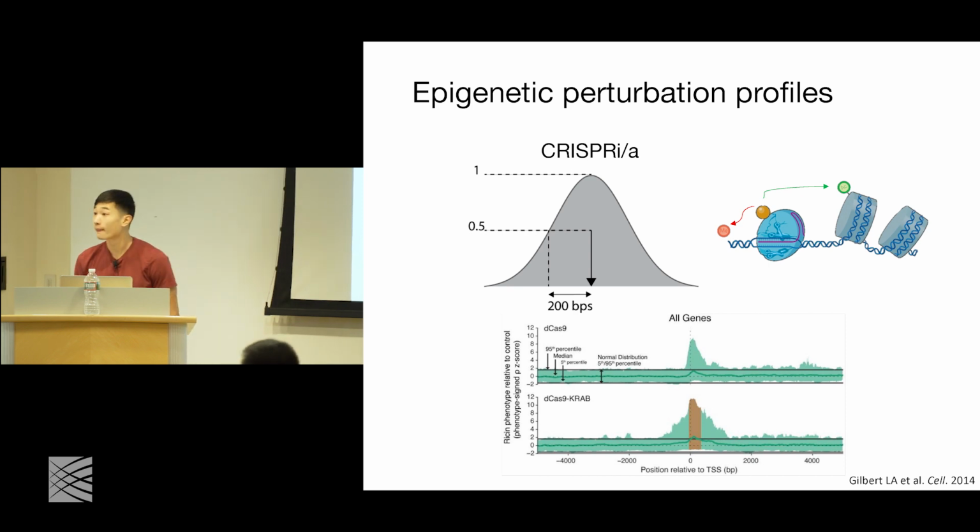What do you mean by build a Gaussian window that describes? I mean, there's a distribution of indel lengths. Yeah. And I guess insertion's positive, deletion's negative. You're just saying that has a Gaussian distribution?